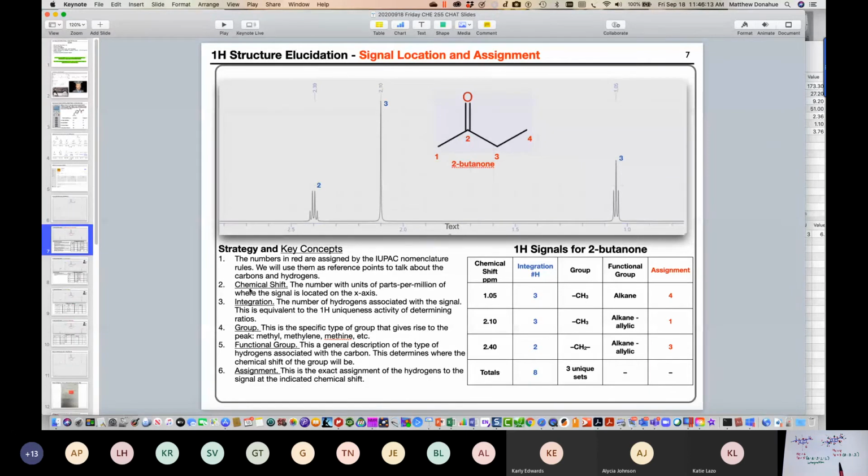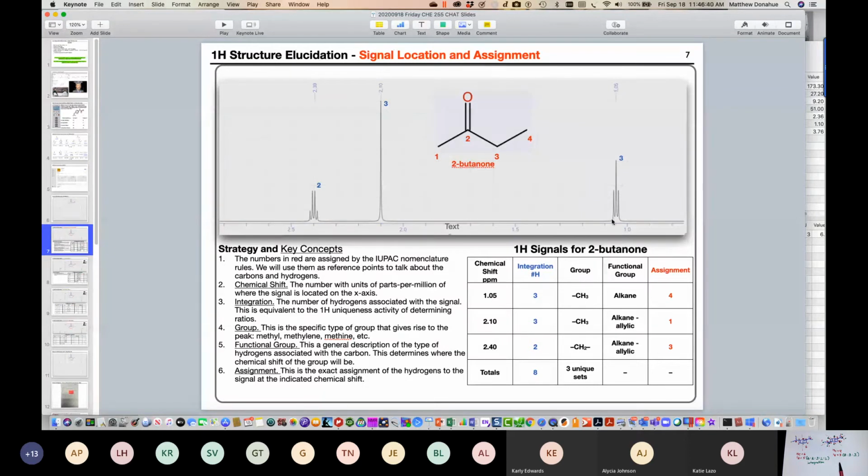So down here, the chemical shift. And as we go through this verbiage, it's all in this table here. So let's look at both at the same time. Again, we're reading from right to left. We run into this peak here at 1.5. That's the chemical shift. That's the unit in parts per million where the signal is located on the x-axis.